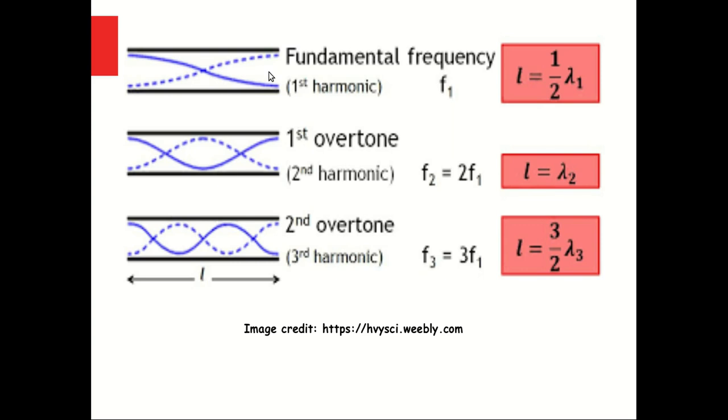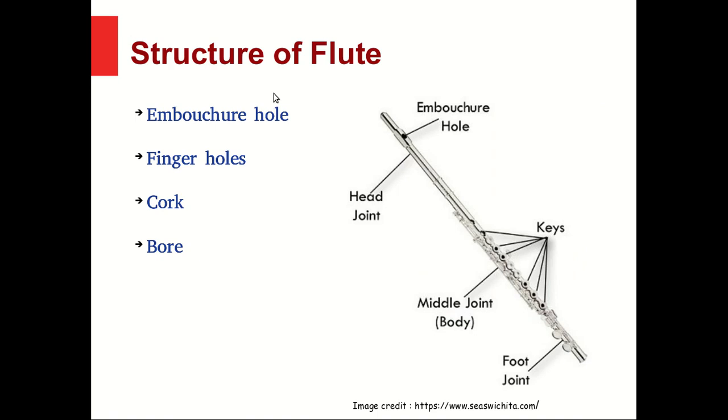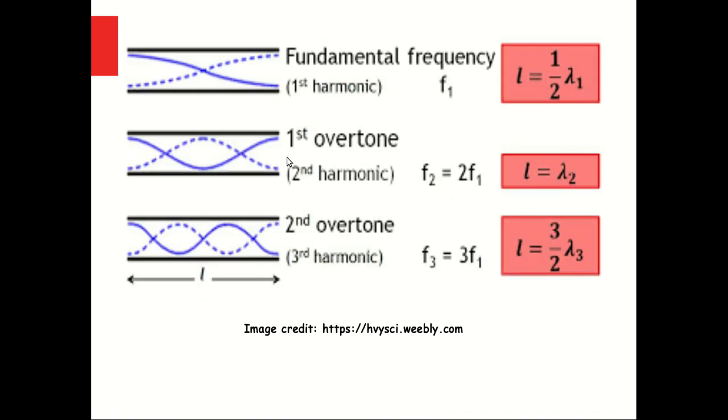Now, depending on how the air is blown into the flute, and depending on which holes are open and which are closed, the opening or closing of holes will change the length of the air column. And as the length of the air column changes, the wavelength changes, and thus the frequency also changes.